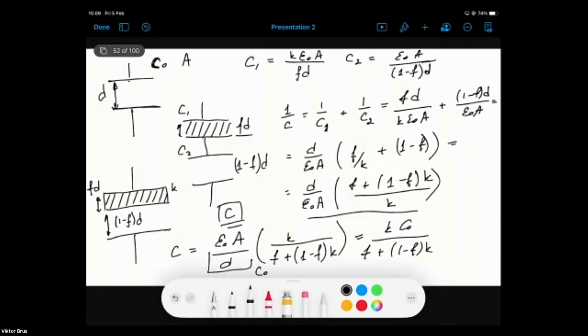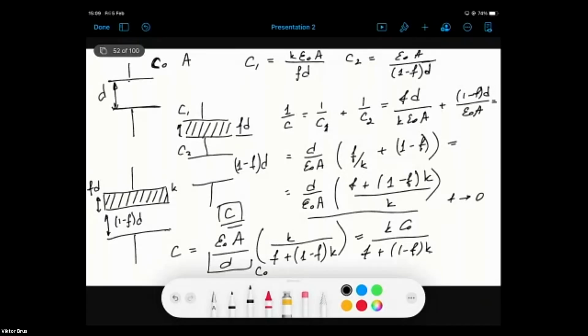And now we can consider two cases. First, let's consider F approaches 0. So what do we have then? It will be 0 plus 1 minus 0 times K, so it will be K divided by K, we cancel out.